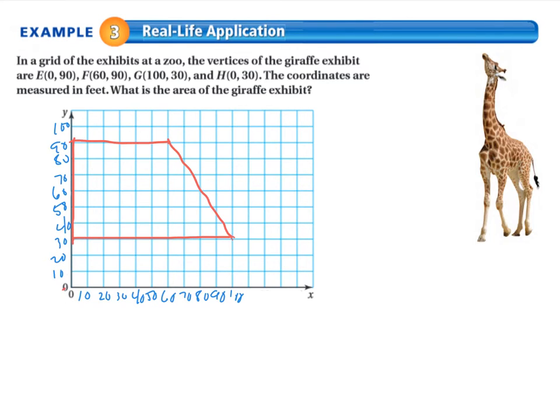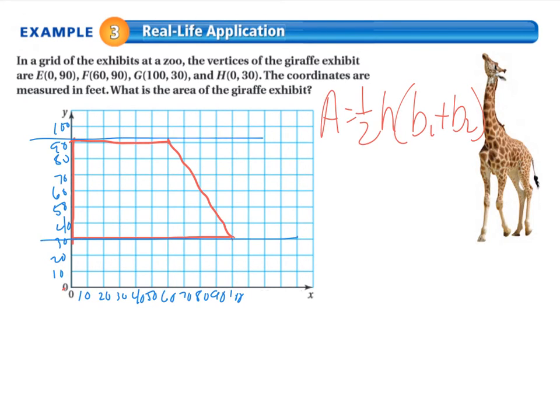A equals 1/2 h (b1 plus b2). All right. Well, first I need to find my parallel lines. There's one, and there's one. So this one here looks like it's, remember these are in tens.